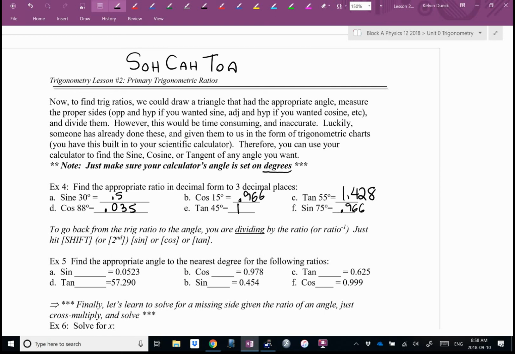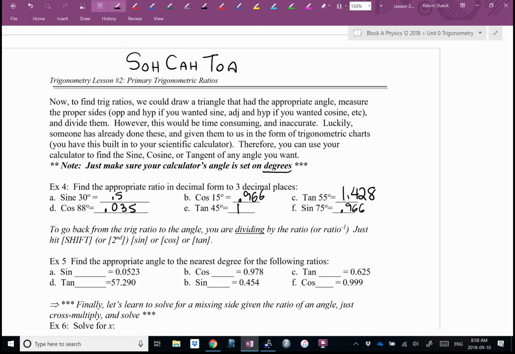What's the sine of 10 degrees? Try it on your calculator, please. Sine of 10. What'd you get? Zero point what? 0.176? Is that right? 0.1736?